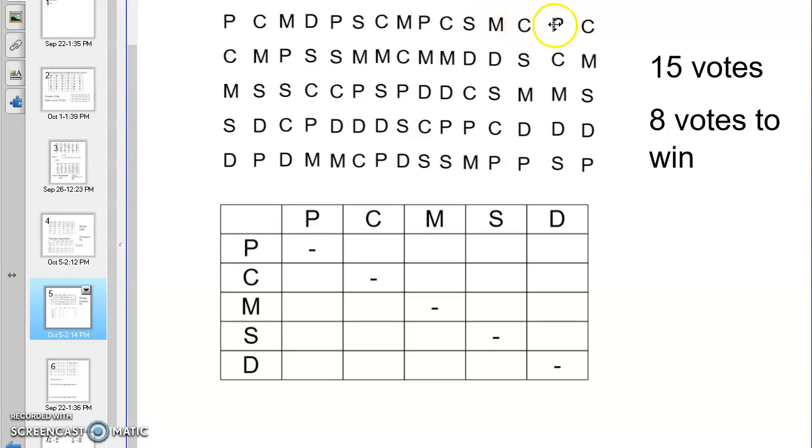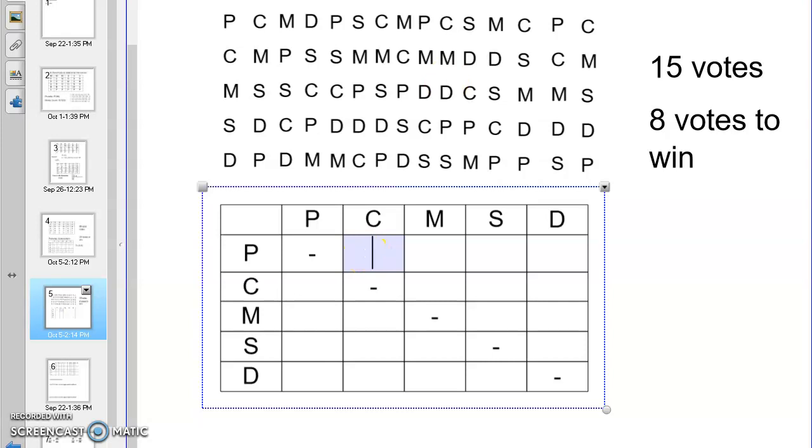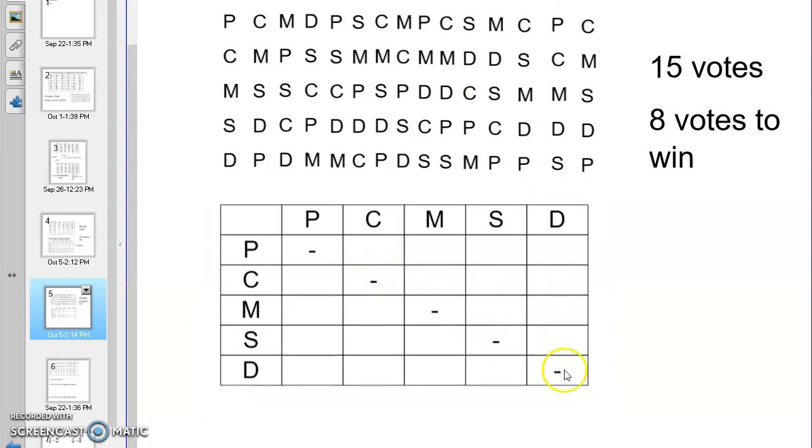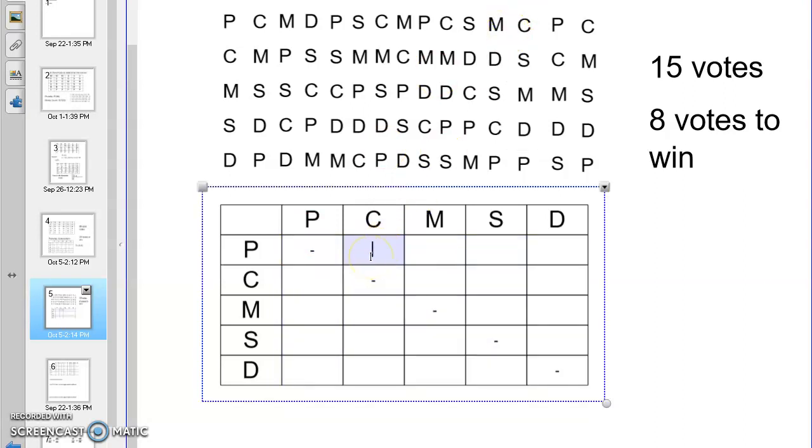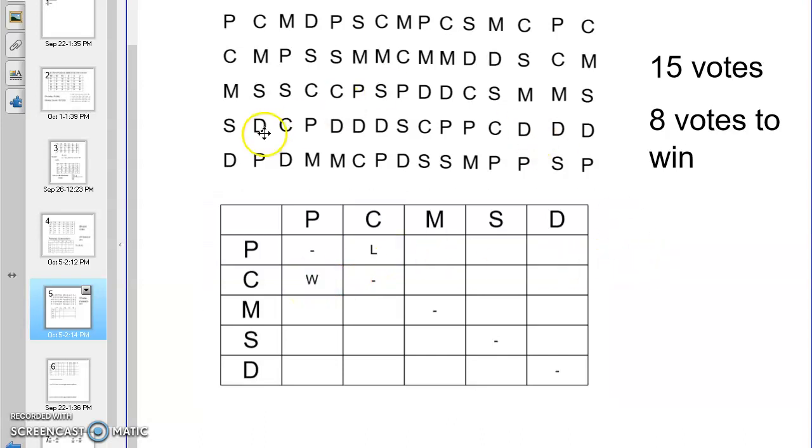P wins, that's 6. And then C wins. So in this case, P loses to C. Notice it's 15 votes, and I'm just dealing with the 2 letters at once. I'm not dealing with anyone else.